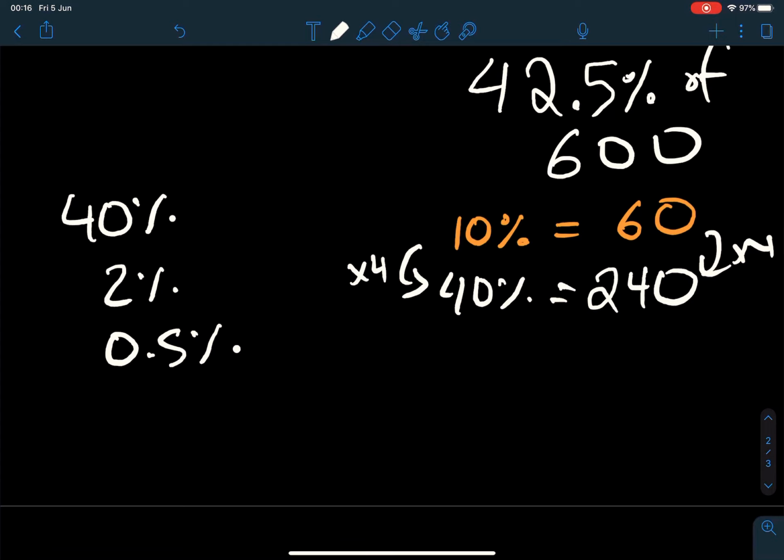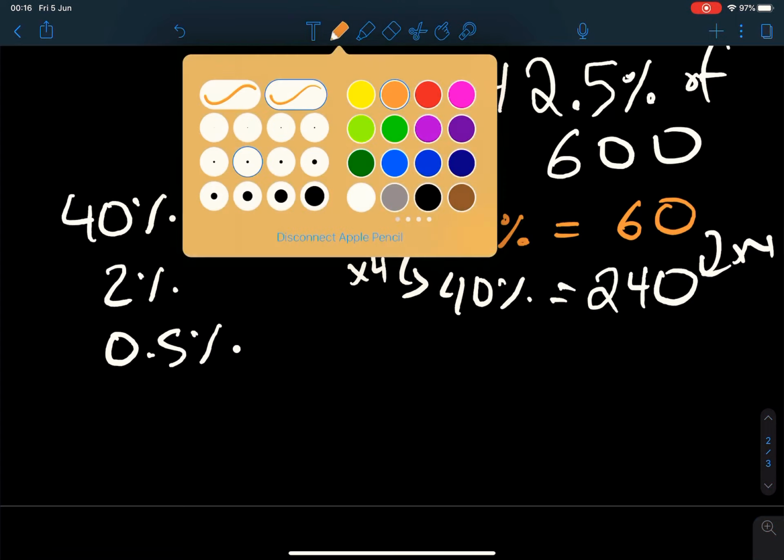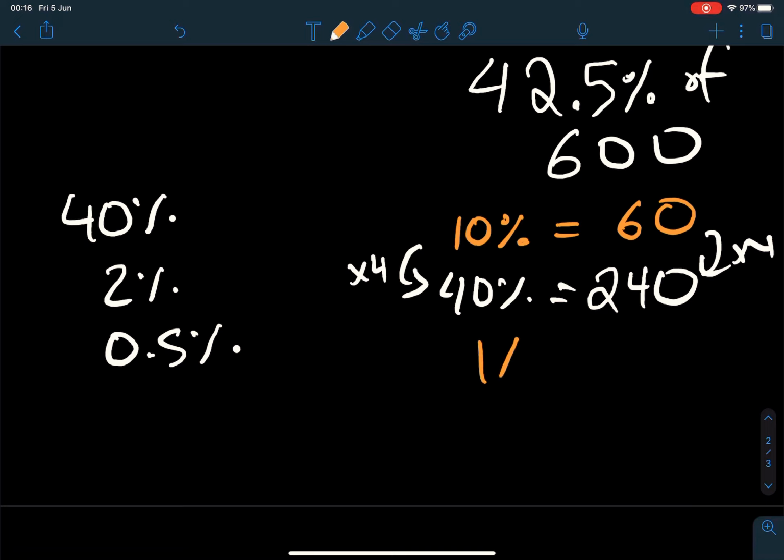So why don't I work out what 1% is? Just like we did on the last part, to work out 1%, if 10% is 60, 1% must be 6. So therefore 2% must be double that, which is 12.